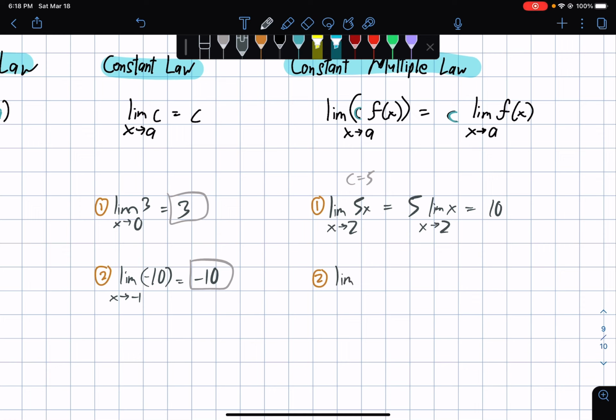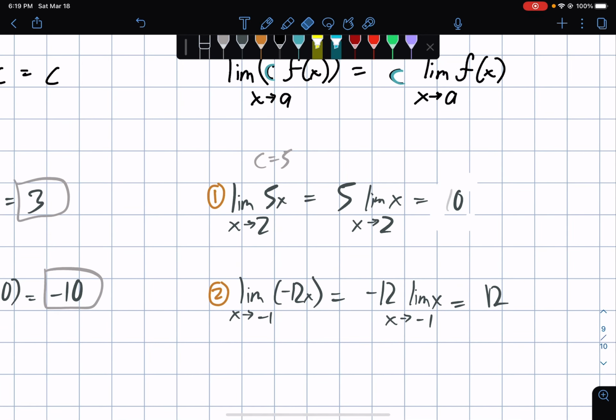For number 2, lim of negative 12x such that x approaches negative 1 is equal to negative 12 lim x such that x approaches negative 1, which could be equal to 12. Here, how you're able to get 10, you just multiply 5 and 2. That also goes the same with the second example: multiply negative 12 and negative 1 and you get positive 12.